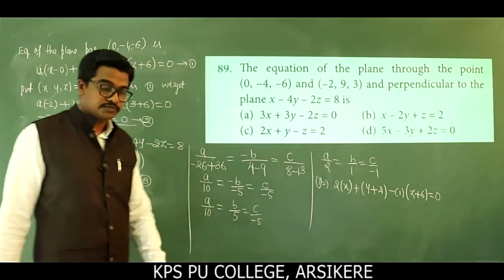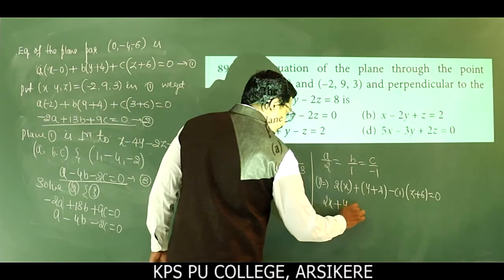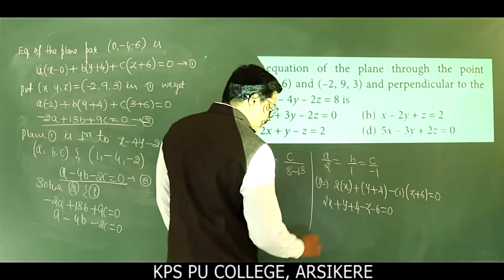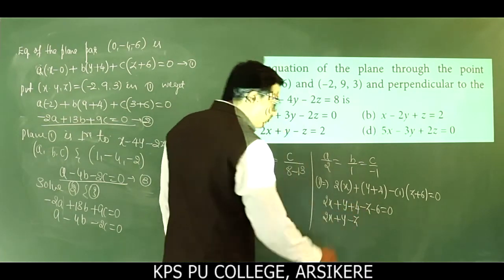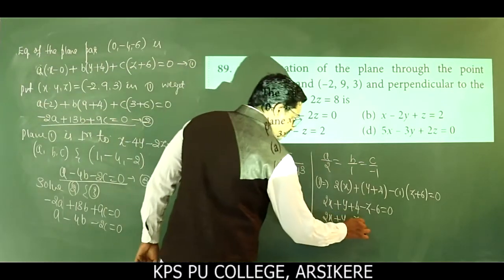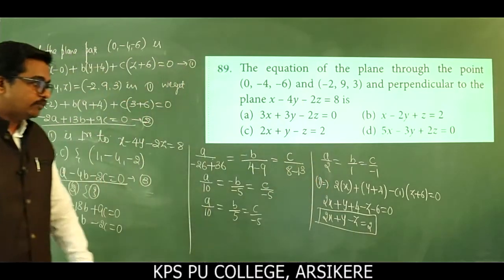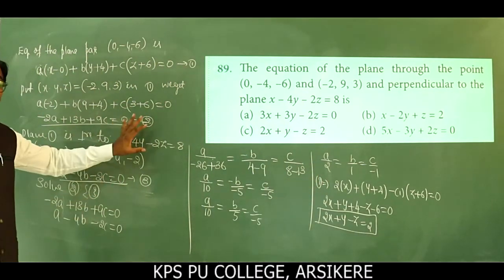Next step is simplification. 2 into x is 2x plus y plus 4 minus z minus 6 is equal to 0. That becomes 2x plus y minus z, and 4 minus 6 is minus 2, which goes to the right hand side and becomes plus 2. So this is our answer, the required plane: 2x plus y minus z is equal to 2. So this is one method.